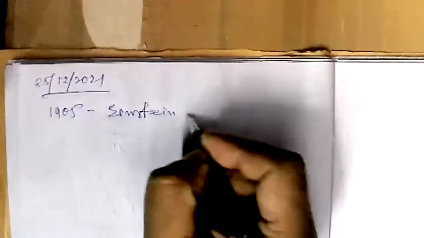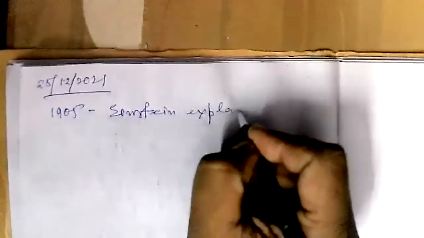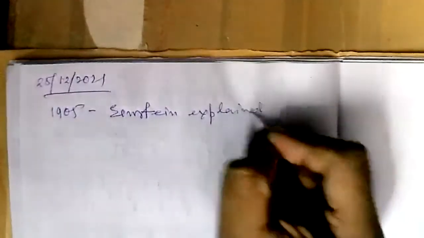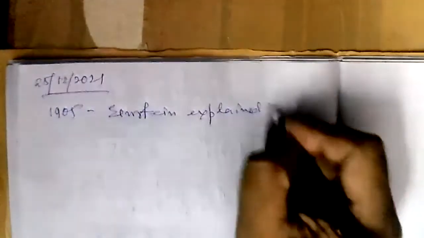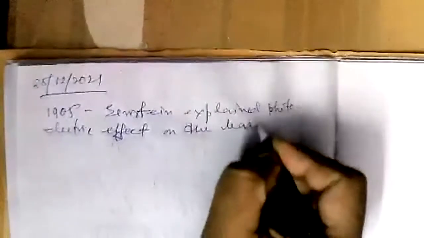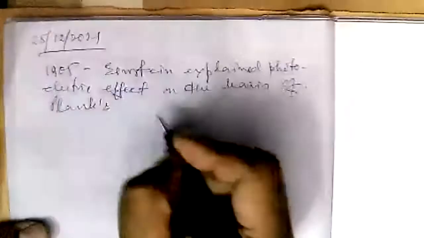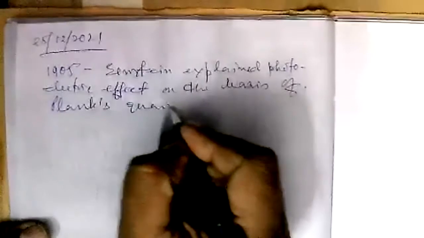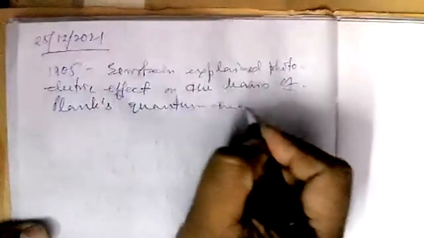So in 1905, Einstein explained the photoelectric effect on the basis of Planck's quantum theory.